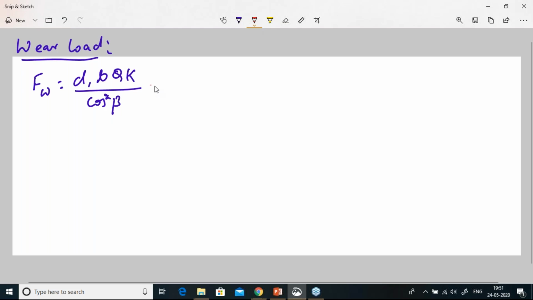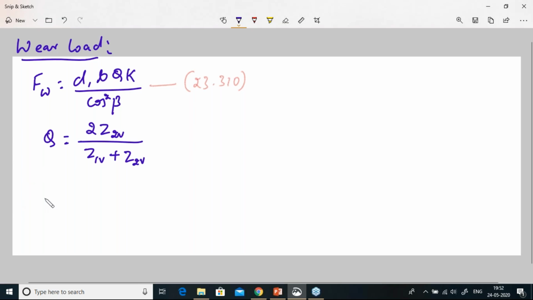Equation number 23.310. So in this one, Q is nothing but ratio factor, which is equals to 2Z2V divided by Z1V plus Z2V. D1 is the diameter of pinion, B is face width.